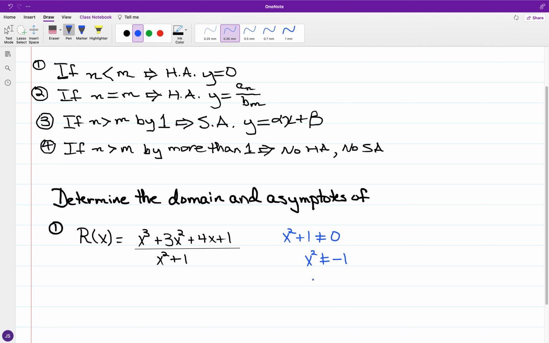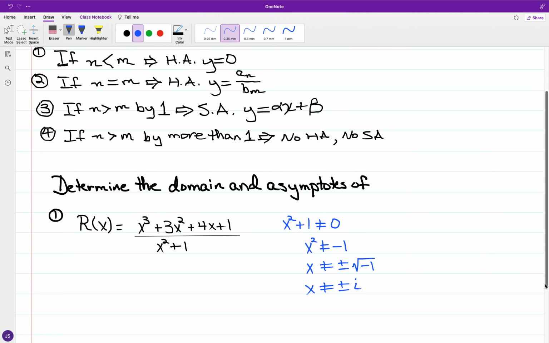And again, just going from x squared to x, taking the square root property, we have plus or minus the square root of -1. And here we have x cannot be equal to plus or minus i.